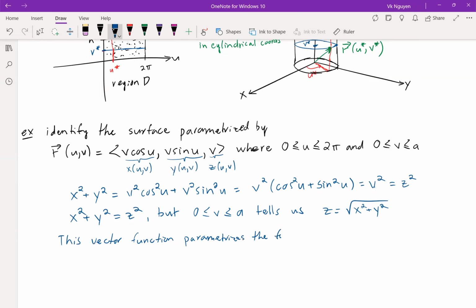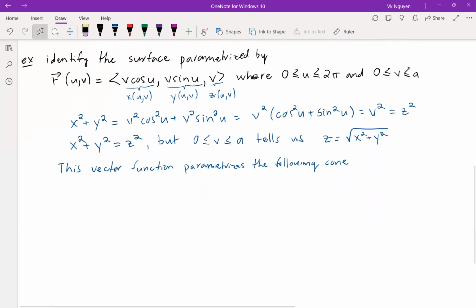The following cone. Okay. So I'm going to draw out the (u,v) region here. So you see it's just a 2 pi by a rectangle, right?